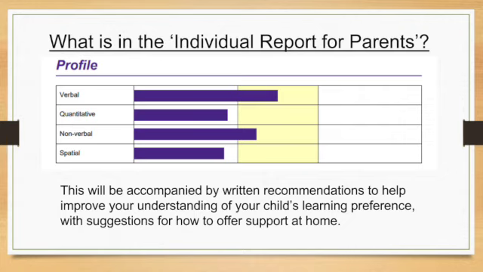It will usually talk about whether there is maybe a balanced profile. That might be if everything was similar in terms of the four batteries, or perhaps there's a spatial preference or a verbal preference, and that might give advice that your child would prefer subjects that are more content heavy, like history, which involves a lot of language, or subjects that involve more spatial intelligence, like construction or engineering.